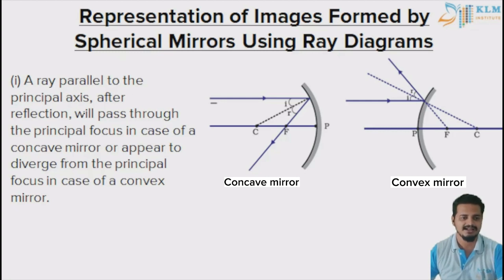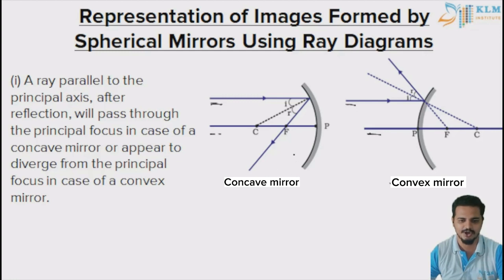A ray parallel to the principal axis after reflection. This is a concave mirror, this is a convex mirror. The incident ray is parallel to the principal axis here. This is the principal axis, this is the incident ray. Both are parallel. Let's see what it says. It will pass through the principal focus in the case of a concave mirror.